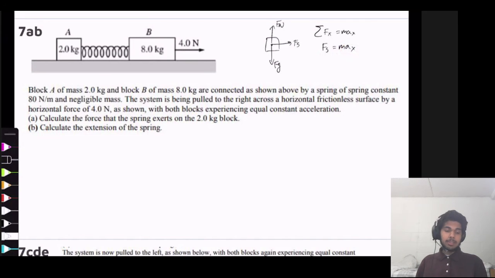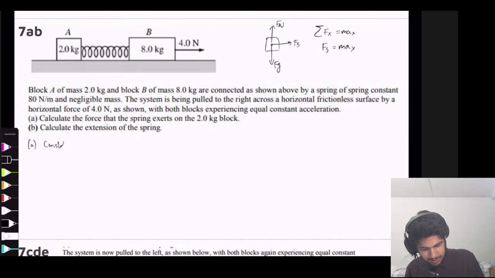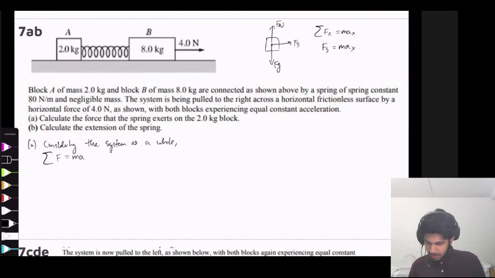And the way we can get that acceleration term is by looking at the system as a whole. So instead of these 2 separate blocks connected by this spring, just consider this to be one supermassive blob which is being pulled by this 4 Newton force. So when considering the system as a whole, if we take the sum of the forces, that should be equal to mass times acceleration, just by Newton's laws.